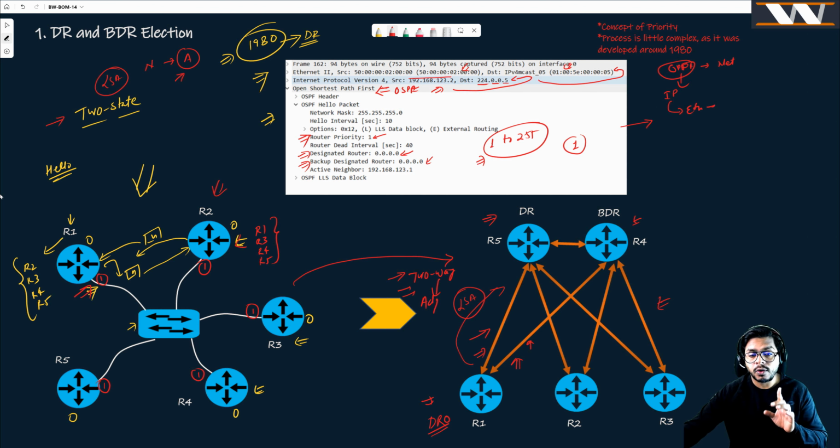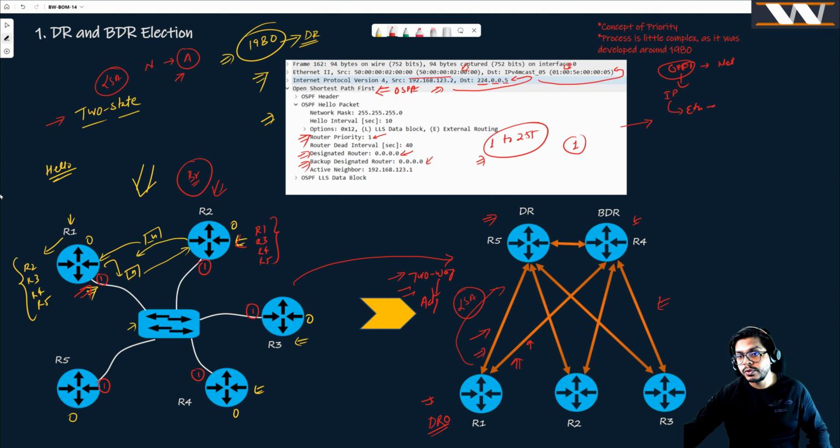It means that all the routers by default on a broadcast network are eligible to take part in DR BDR election, and that is why all the routers here, R1, R2, R3, R4 and R5, are completely eligible for DR BDR election.